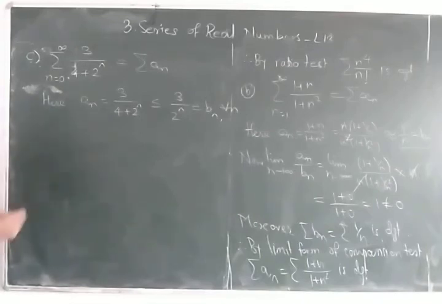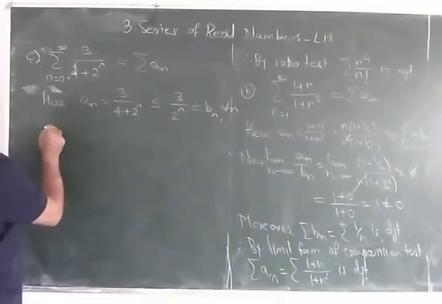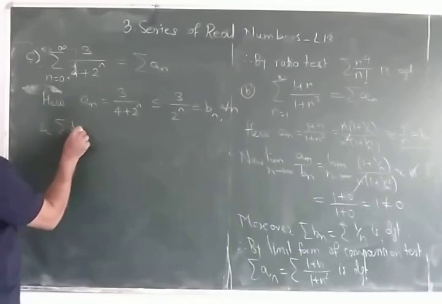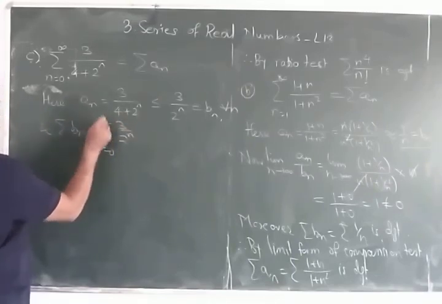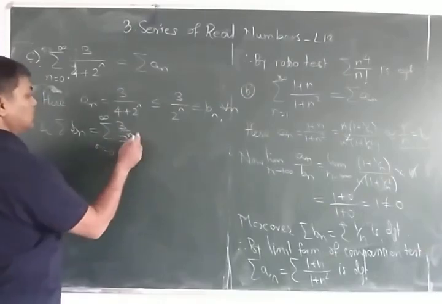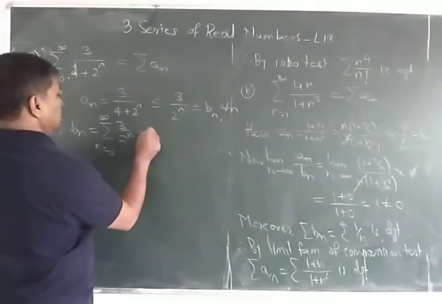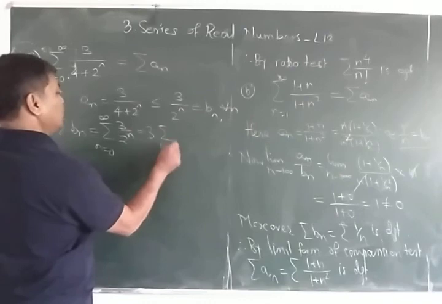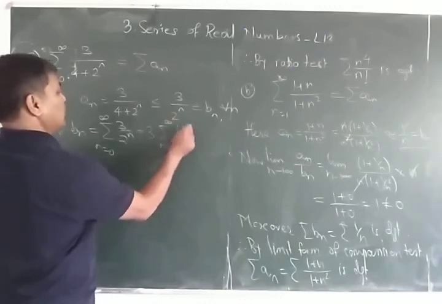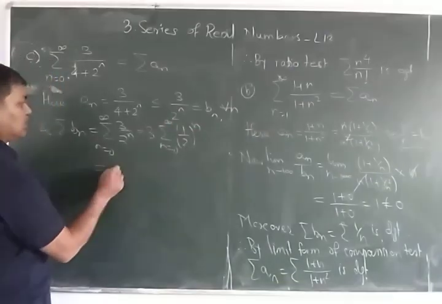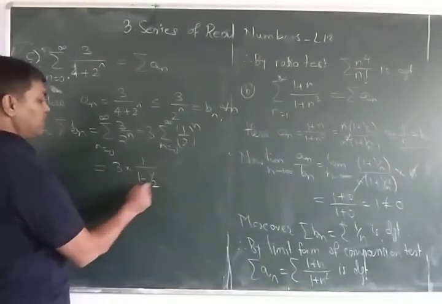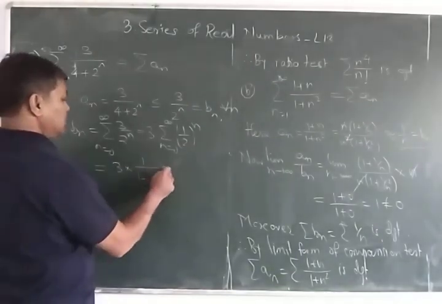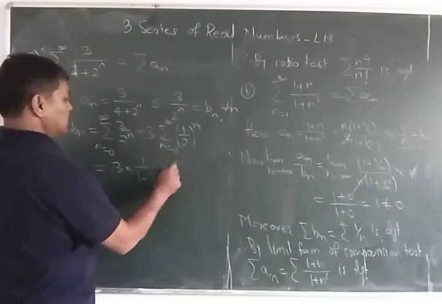Okay. For every n, and summation of bn is equal to summation of 3 upon 2 raised to n, n equal to 0 to infinity, which is equal to 3 into summation of n equal to 0 to infinity of 1 upon 2 raised to n, which is 3 into 1 upon (1 minus half), which is nothing but 6.